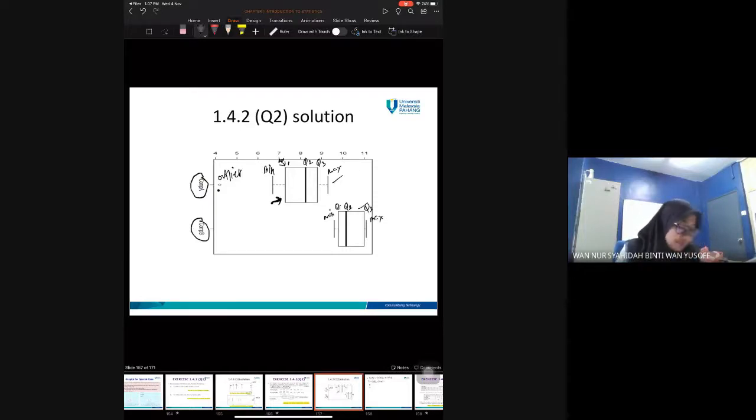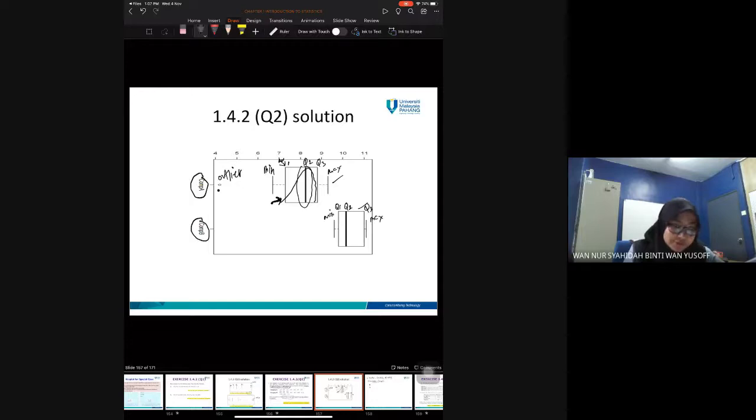So in this case, company A. How do we identify based on Q2 here? Based on the box here, Q2 is close to Q3, so it is left skewed.